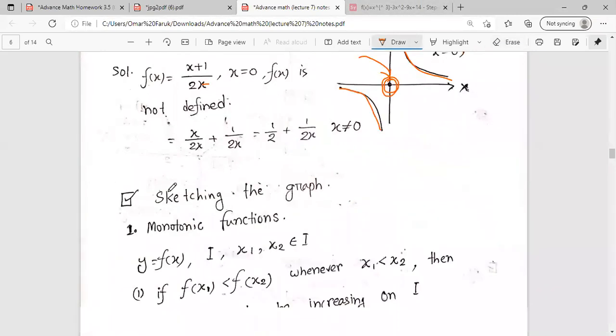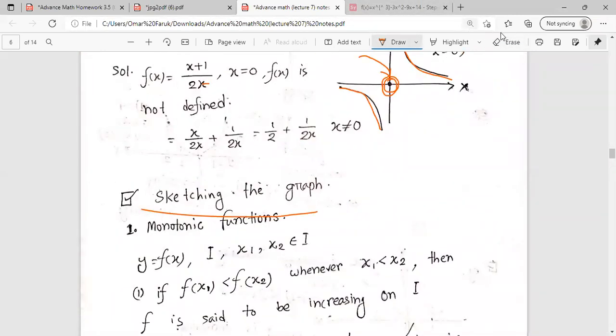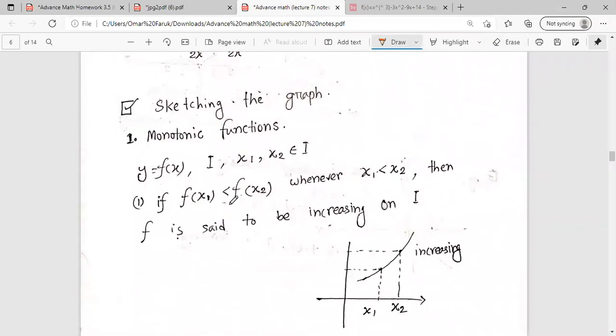So let's go to sketching monotonic functions. What is a monotonic function? Y equal to f of x on an interval I, with x1, x2 in I. Whenever x1 is less than x2, the function is said to be increasing.